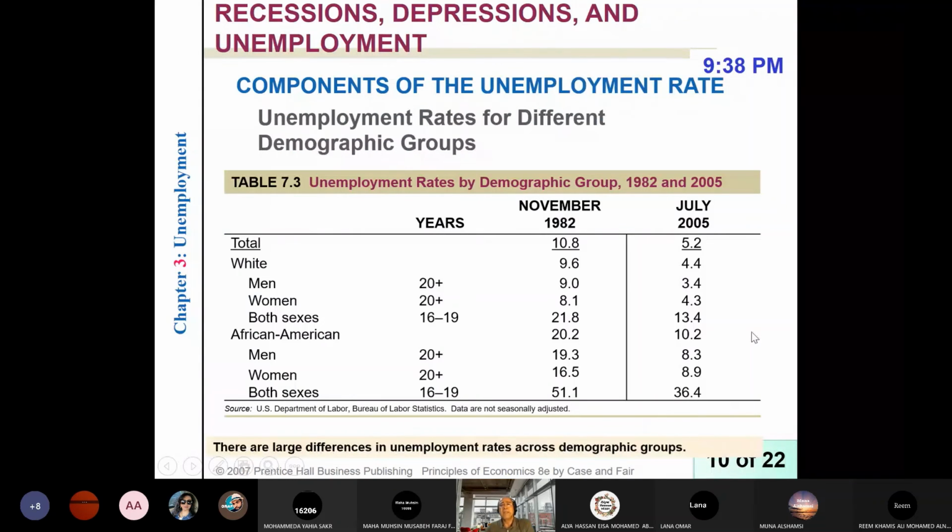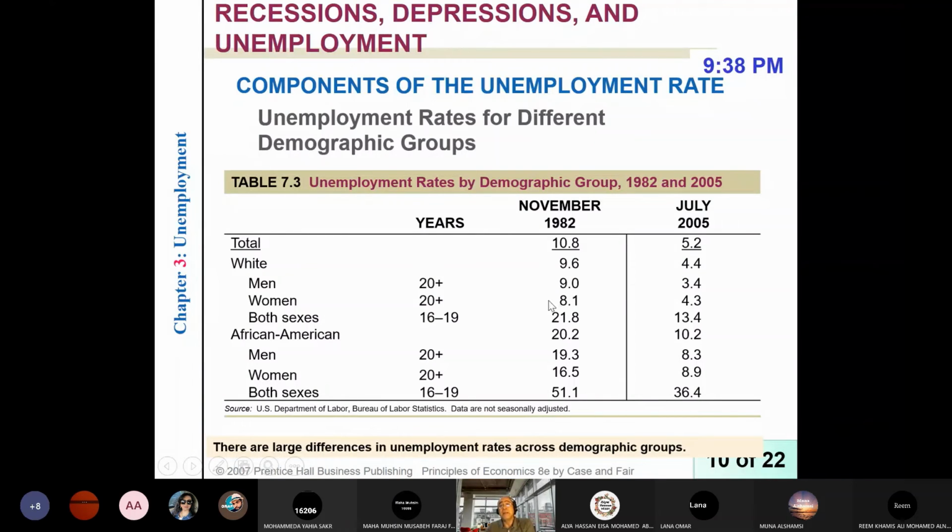See here, I said the unemployment rate in America in 1982 is around 11%. This percentage is not the same among different demographic groups. What is the best category and what is the worst category in America?